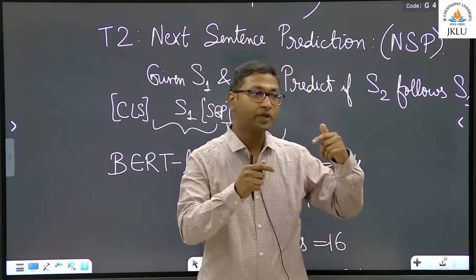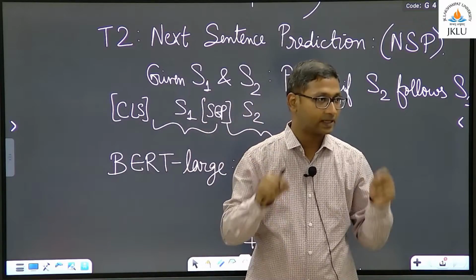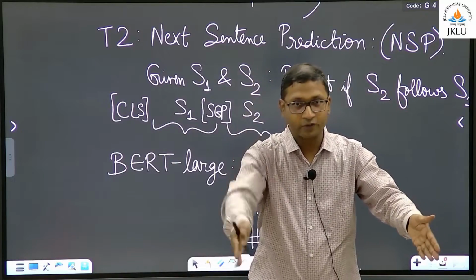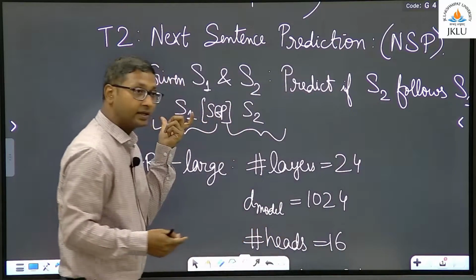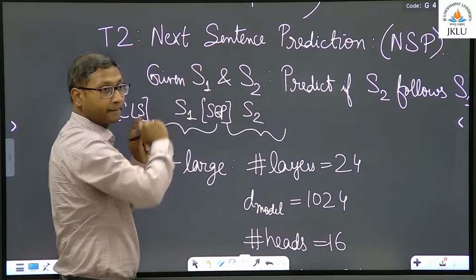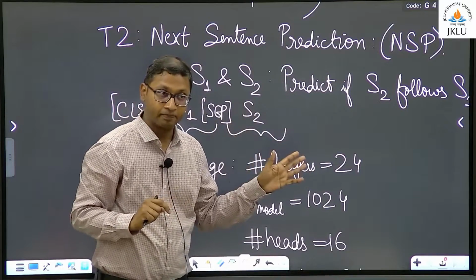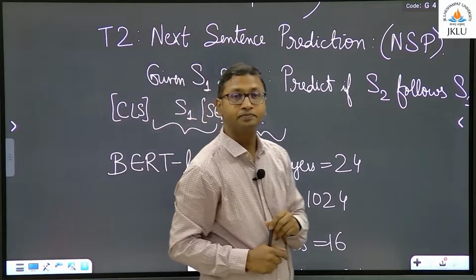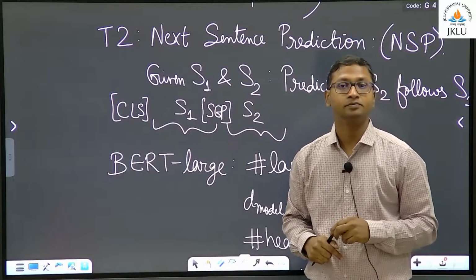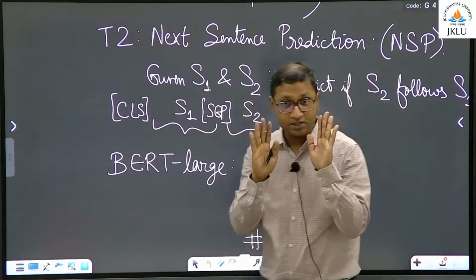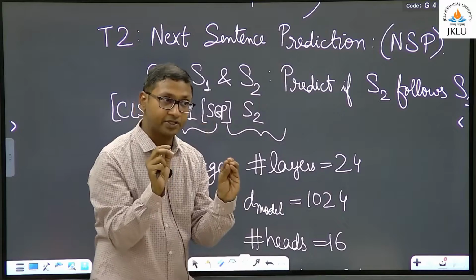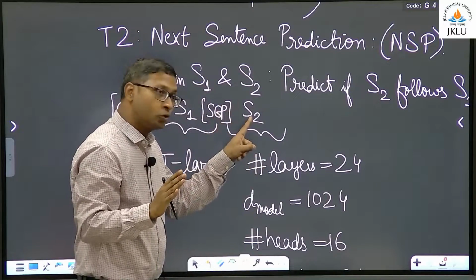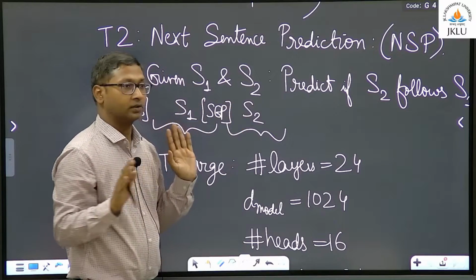Any continuous chunk, wherever you start, wherever you end, that is my sentence for this purpose. Similarly, S2. The question we are asking in next sentence prediction is a very simple binary classification question: you have to just predict whether S2 follows S1.